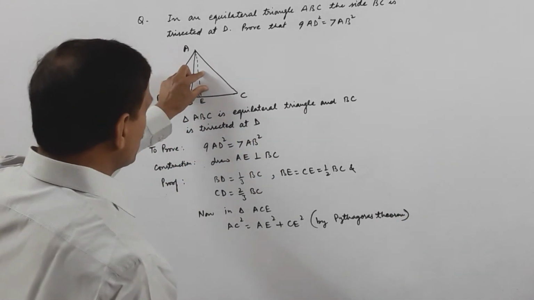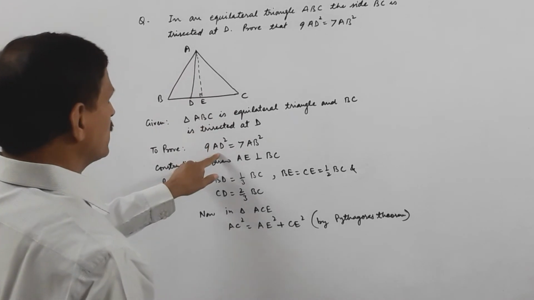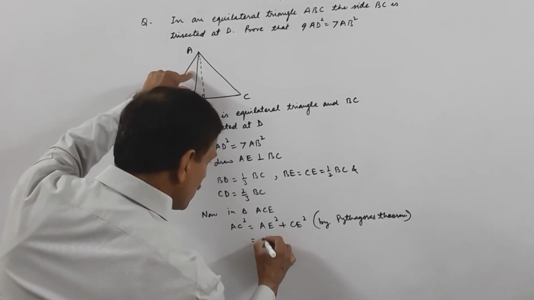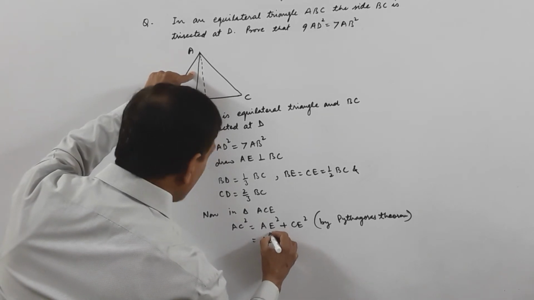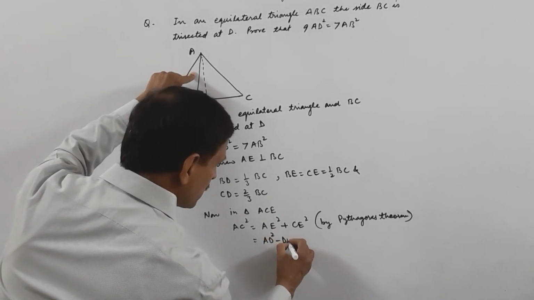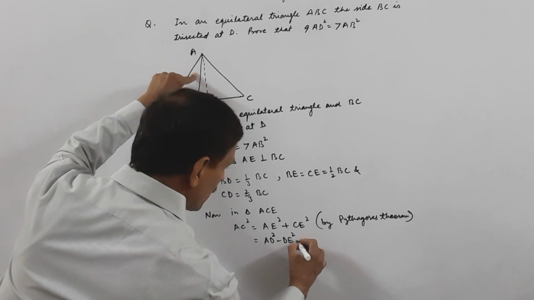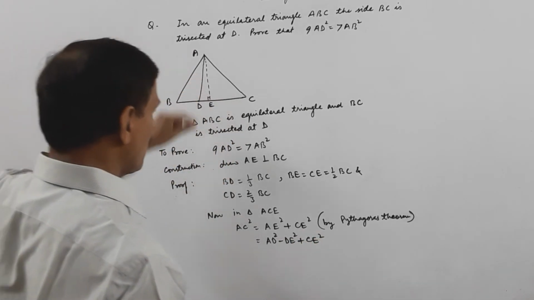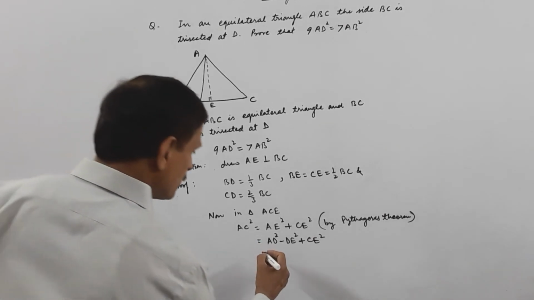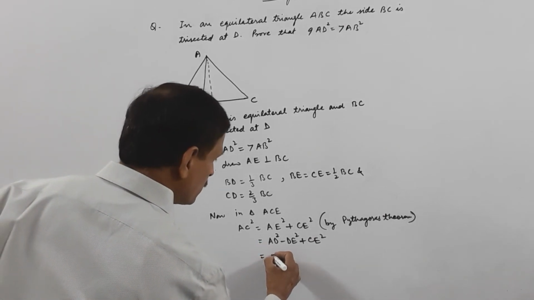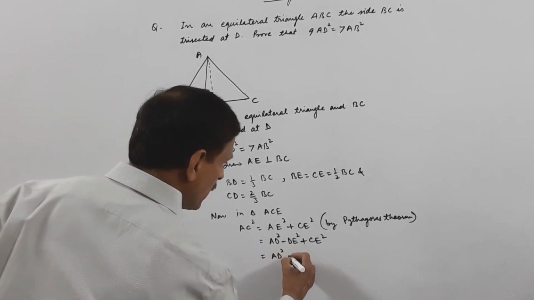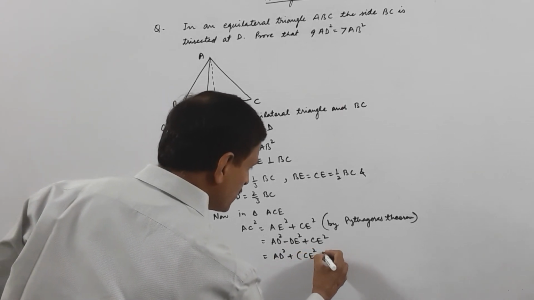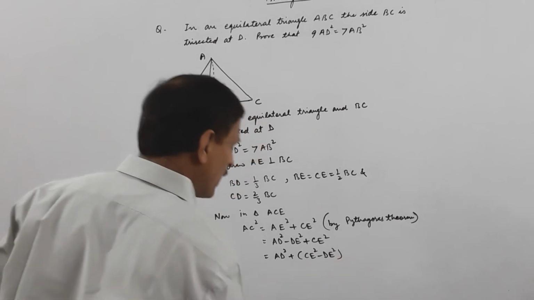But AE² is equal to AD² minus DE², because we require AD². So AC² is equal to AD² minus DE² plus CE². This is equal to AD² plus CE² minus DE².